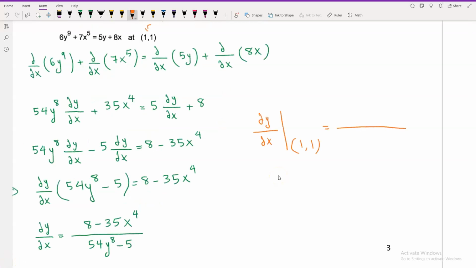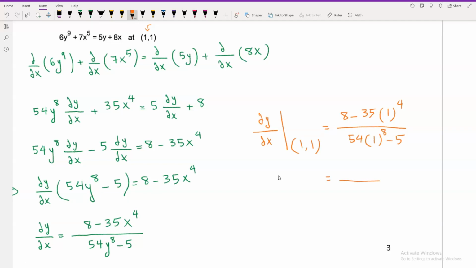Our point is 1, 1. So using the derivative and substituting this point, we have 8 minus 35 times x, which is 1, so 1 to the 4th power, divided by 54 times y, which is 1, to the power 8, minus 5.